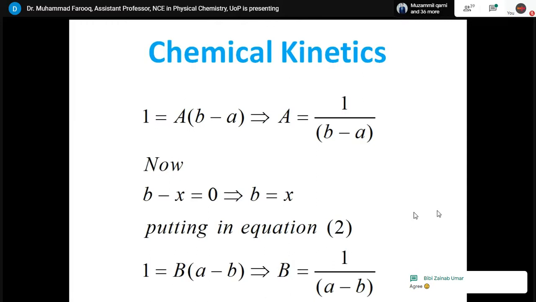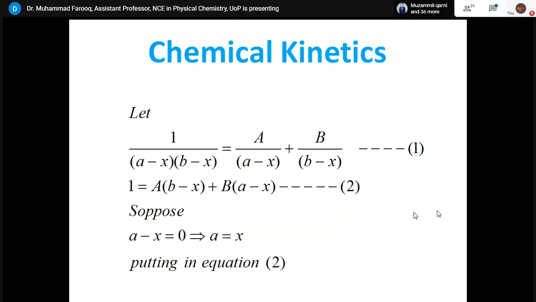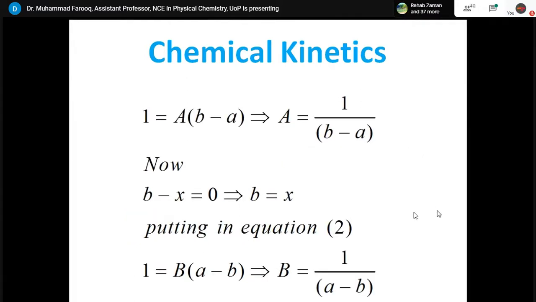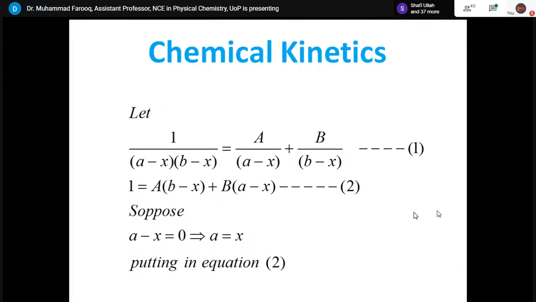Now you can see, first we suppose that a minus x is equal to 0. Now suppose b minus x is equal to 0, so I can write b is equal to x. Is this clear or not? Yes, sir. Now again put in equation 2. If I put b minus x is equal to 0, automatically this term will become 0. A into b minus x will become 0.